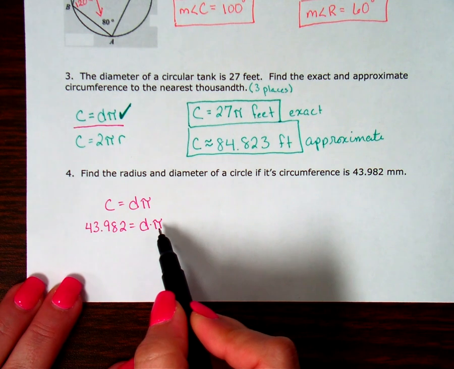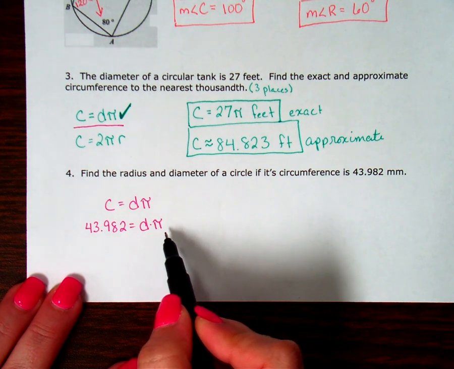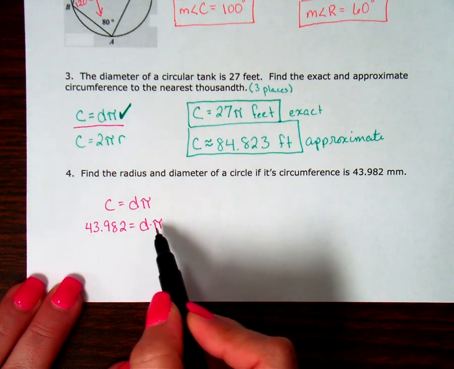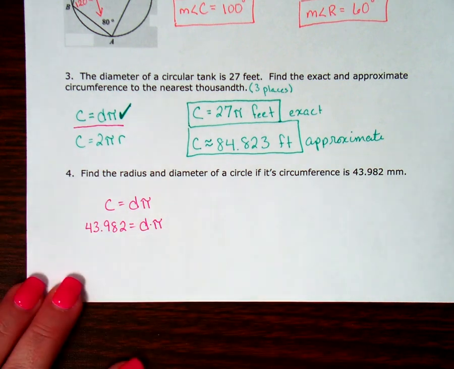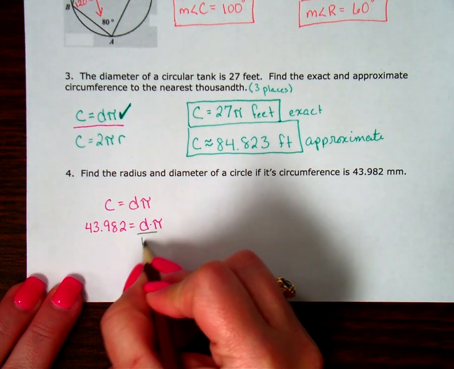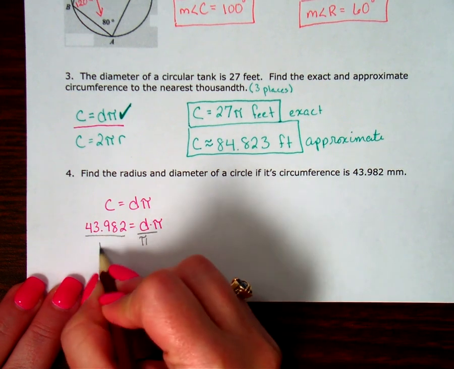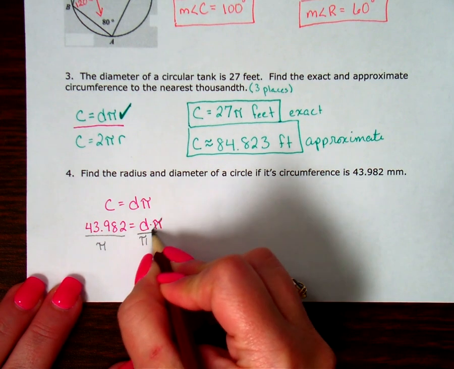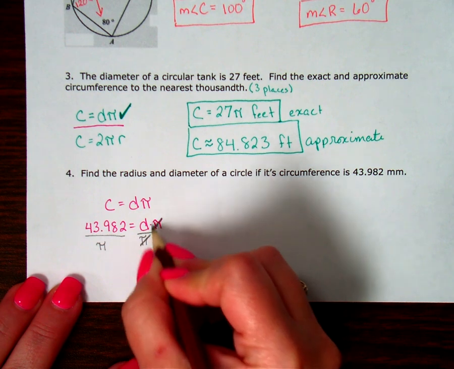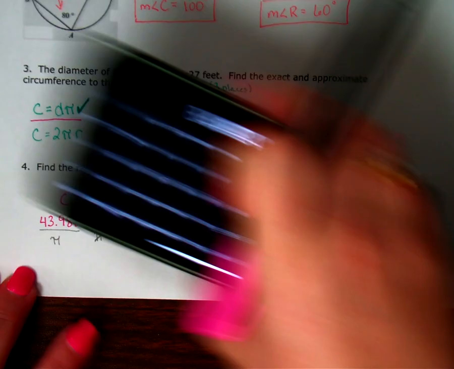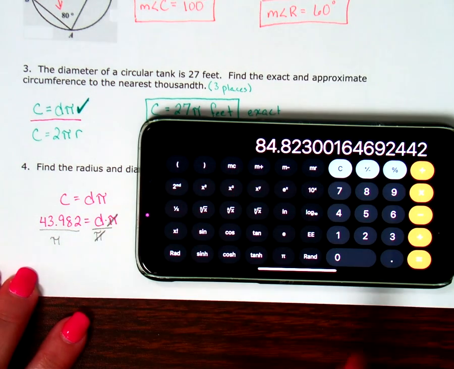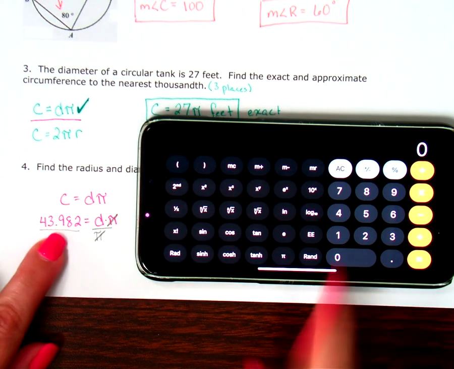So if I have the diameter times a number, because pi is a number, it's 3.14 and so on, all I have to do to get rid of this that's being multiplied to the diameter to solve this for d is to divide by pi. And then my pi will cancel out here, and all I have left on that side is d. So let's do that in my calculator.